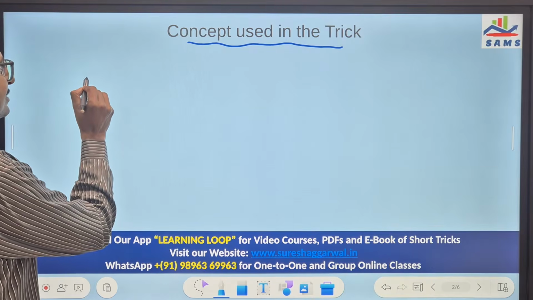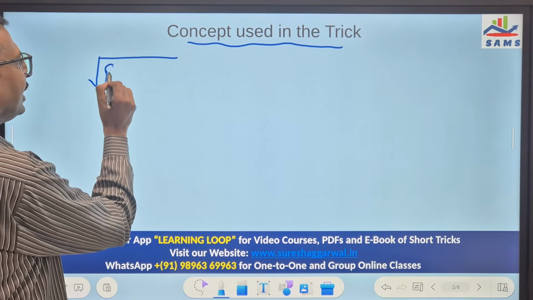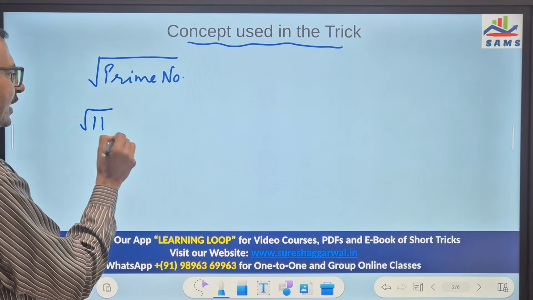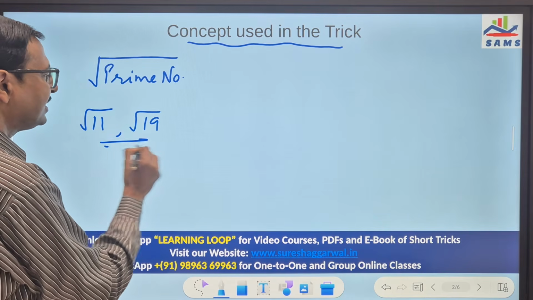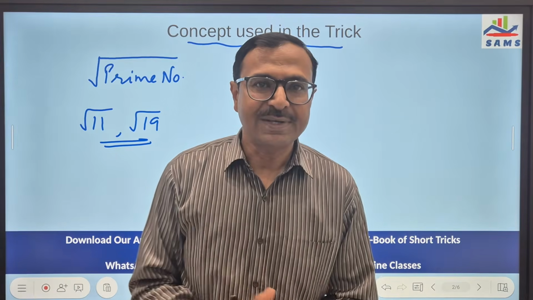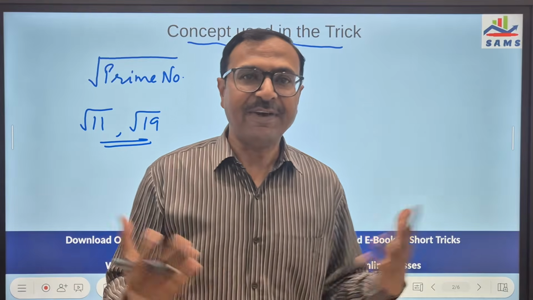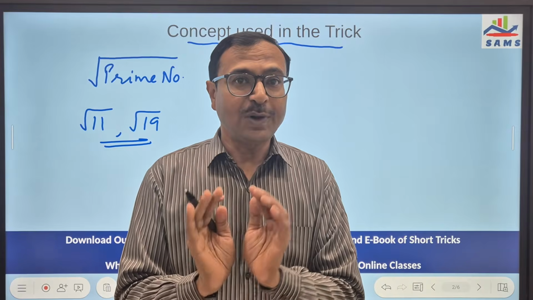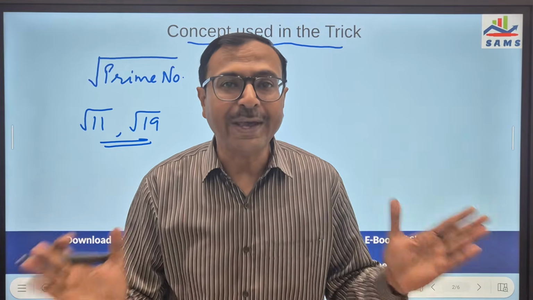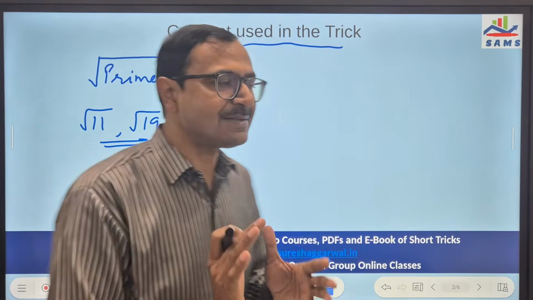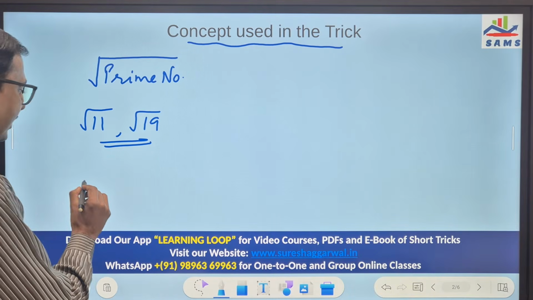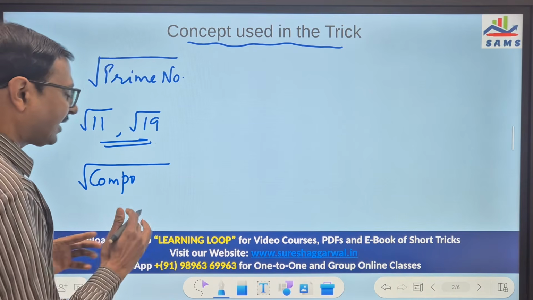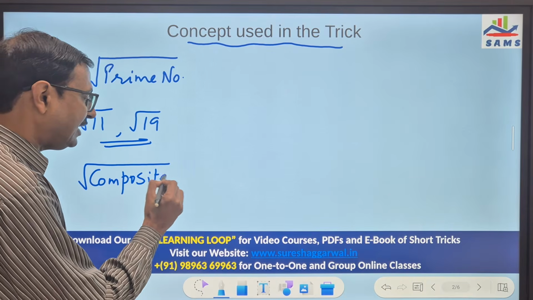The first thing is, whenever we have square root of a prime number, just like square root of 11, square root of 19, all these numbers, they cannot be simplified because they do not have further smaller prime factors. And that is why square root of a prime number, wherever that comes, you have to leave it as it is, because you can't do anything with that. And simultaneously, you may have square root of a composite number, but still it won't get factorized, or there will not be any use of factorization.